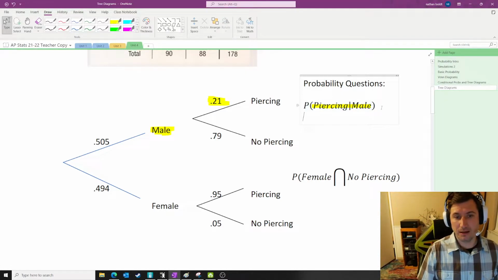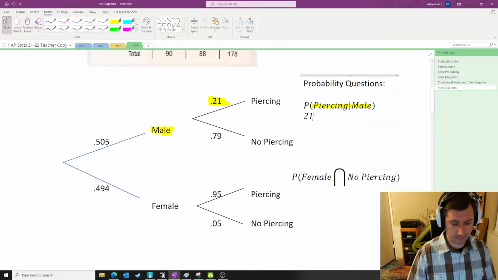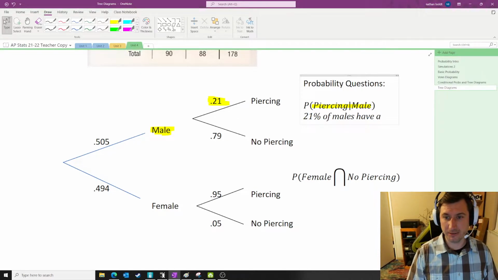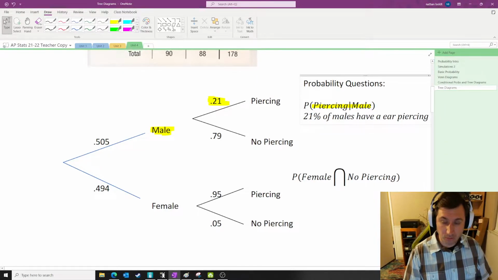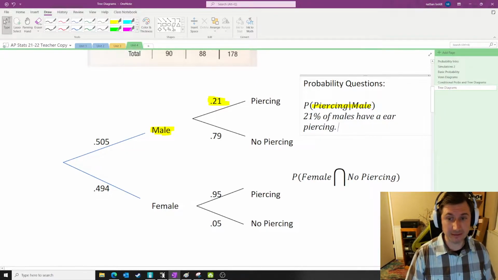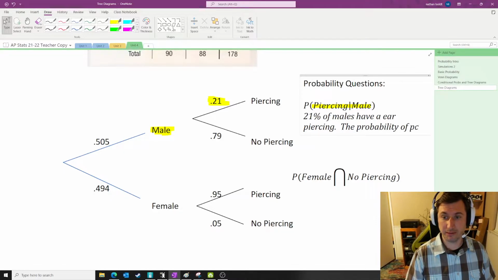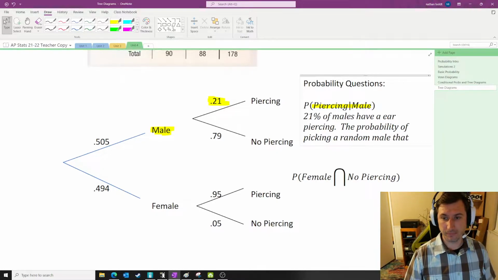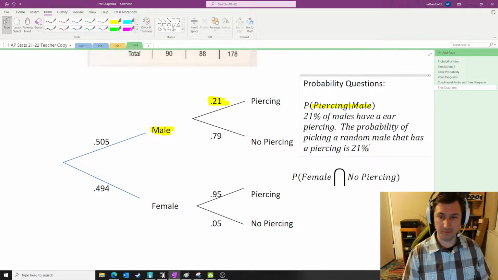21% of males have a piercing, ear piercing, or the probability of picking a random male that has a piercing is 21%.